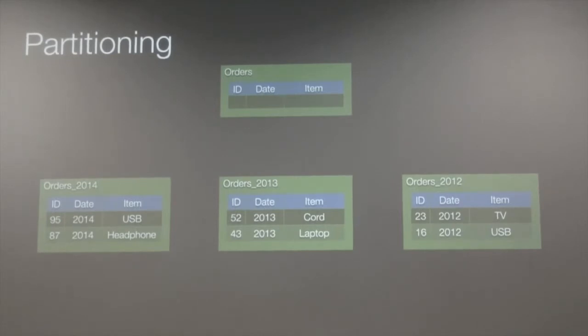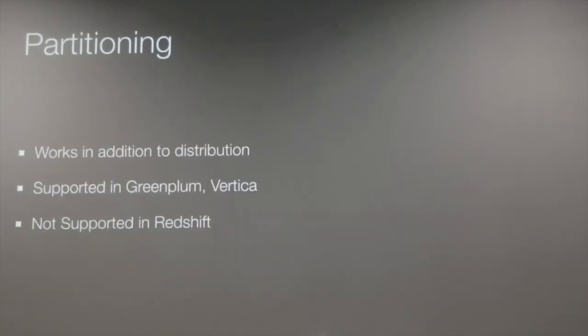As long as you include the date column in your where clause, if you're looking at orders from July 2014, it just drops these other two partitions, and you don't have to deal with two-thirds of your data. The query planner can cut out a big chunk of the work that it has to do by using partitioning.